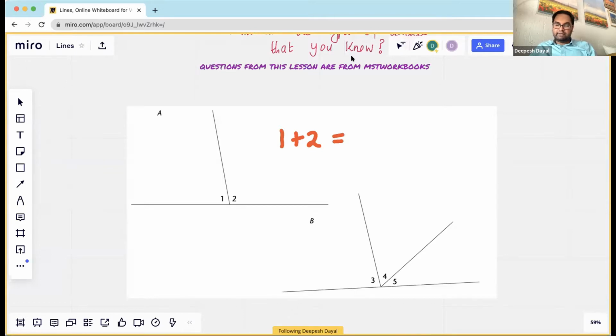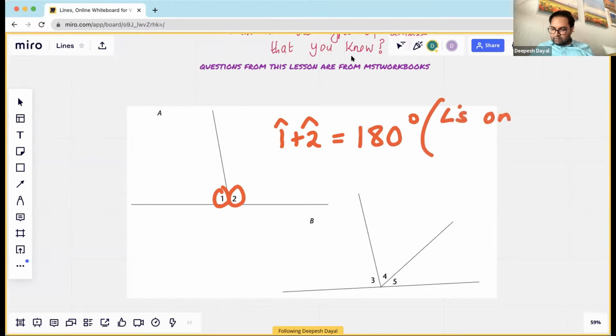Okay, it does add up to 3, but if we say angle 1, angle 2, so there's angles here. 180 degrees, yes, sir. And why? That is because they are angles on a straight line. So these are angles on a straight line.